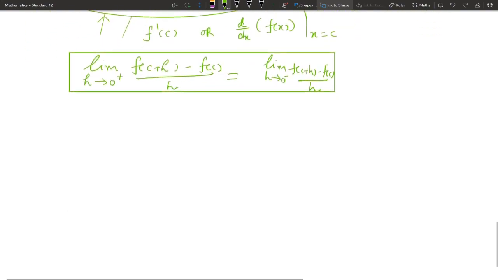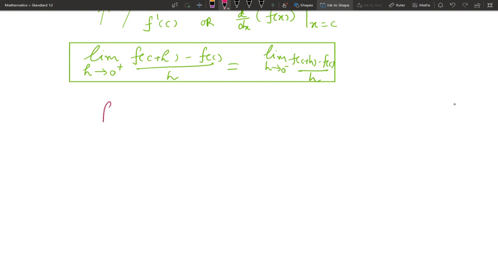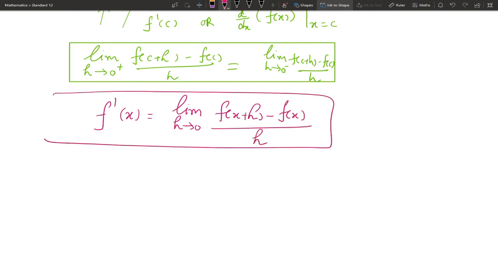In short, we also denote f dash x equal to limit h tends to 0, f of x plus h minus f of x upon h. You can also consider this one.